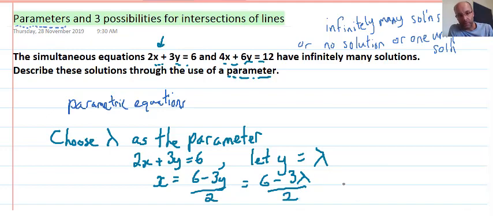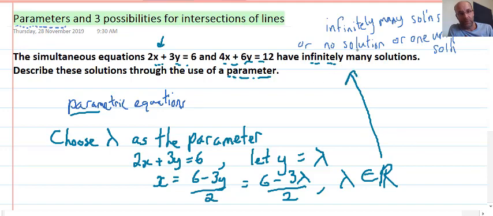Now, being a parameter, lambda can be any real number. So x equals 6 minus 3 lambda over 2, where lambda is the set of all real numbers, is a parametric description of the line. So something like that's required if there's infinitely many solutions. You can see that domain will provide that.